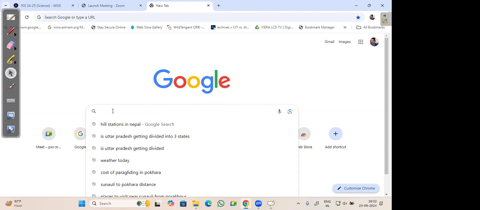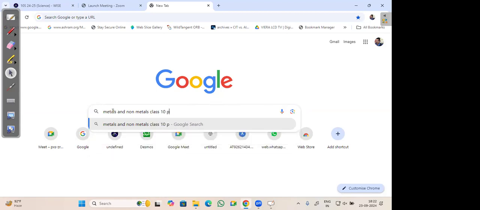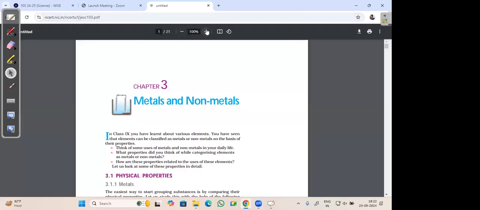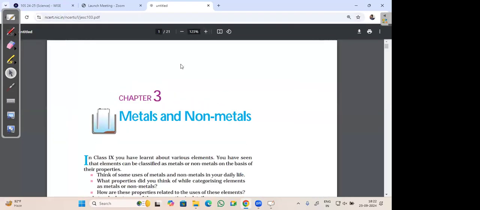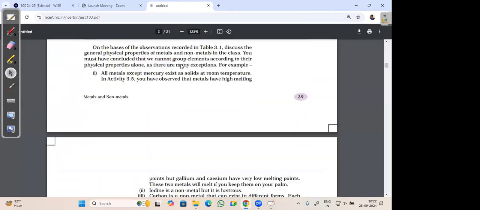This is metals and non-metals. So we had done up to the reaction of metals with water.